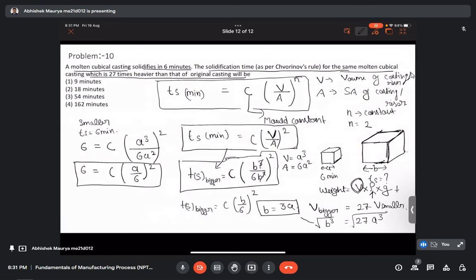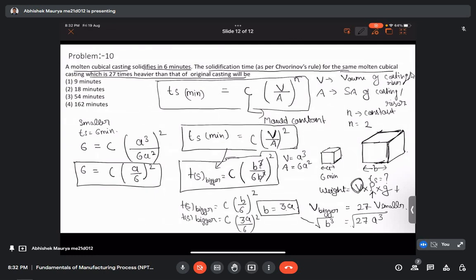Now we know B equals 3A. So Ts for bigger is equal to C times 3A by 6 to the whole square.